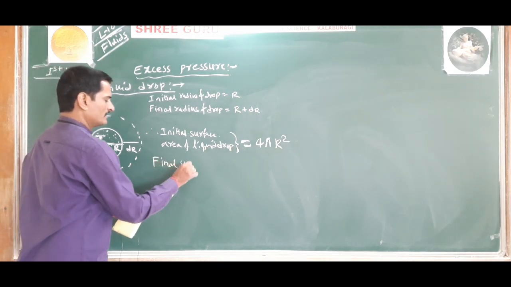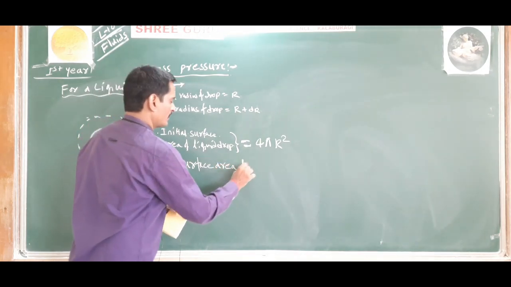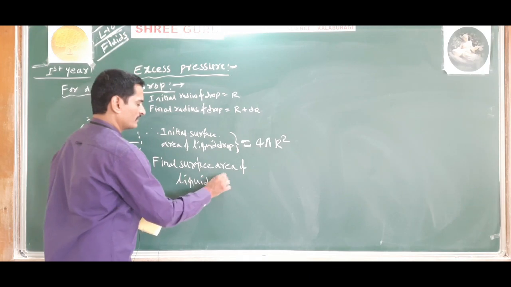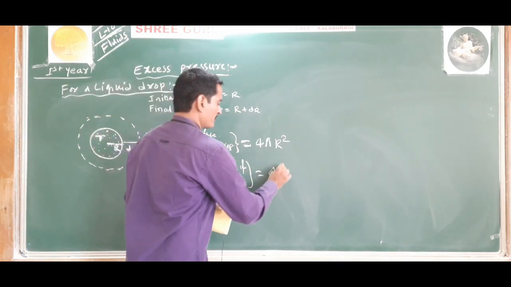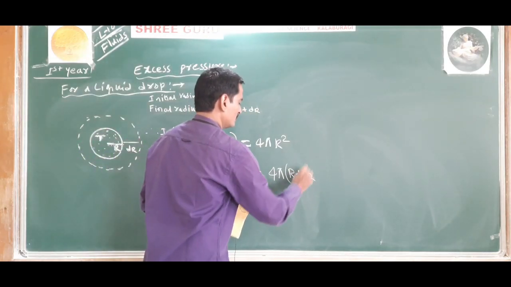Similarly, the final surface area of the liquid drop is 4 pi times the final radius squared, that is 4 pi (r plus dr) whole square.